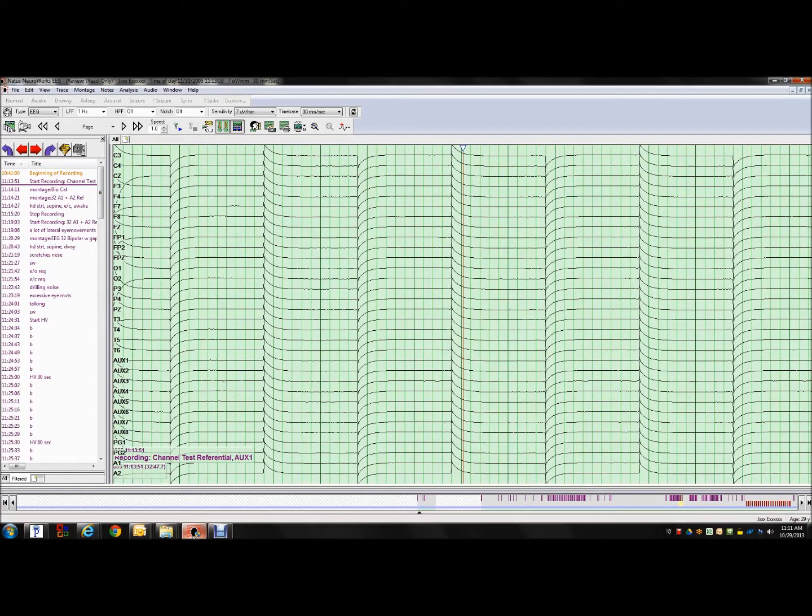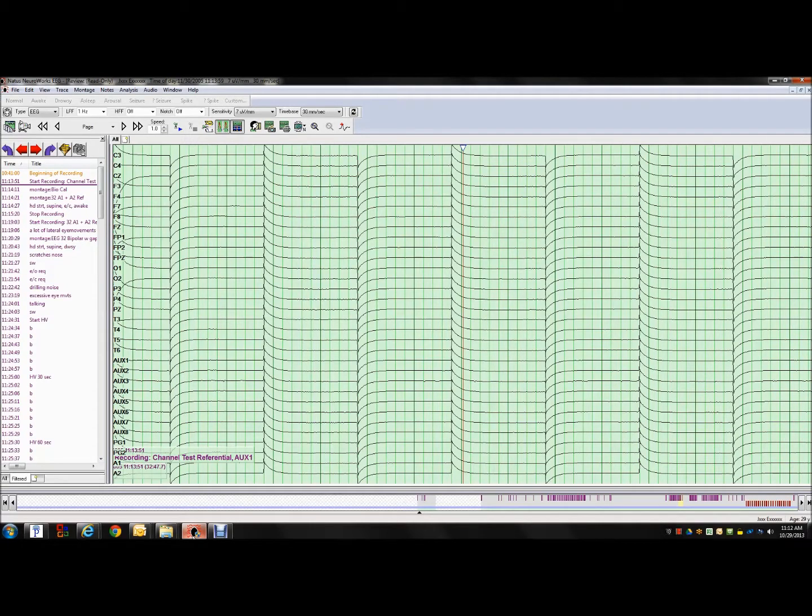You would be hard pressed to find an EEG recording 30 minutes or longer that didn't have some kind of artifact, and that could be environmental artifact or physical artifact from the patient, from eye movements to head movements, from environmental factors such as an IV drip or somebody walking by the patient and knocking into the electrodes.